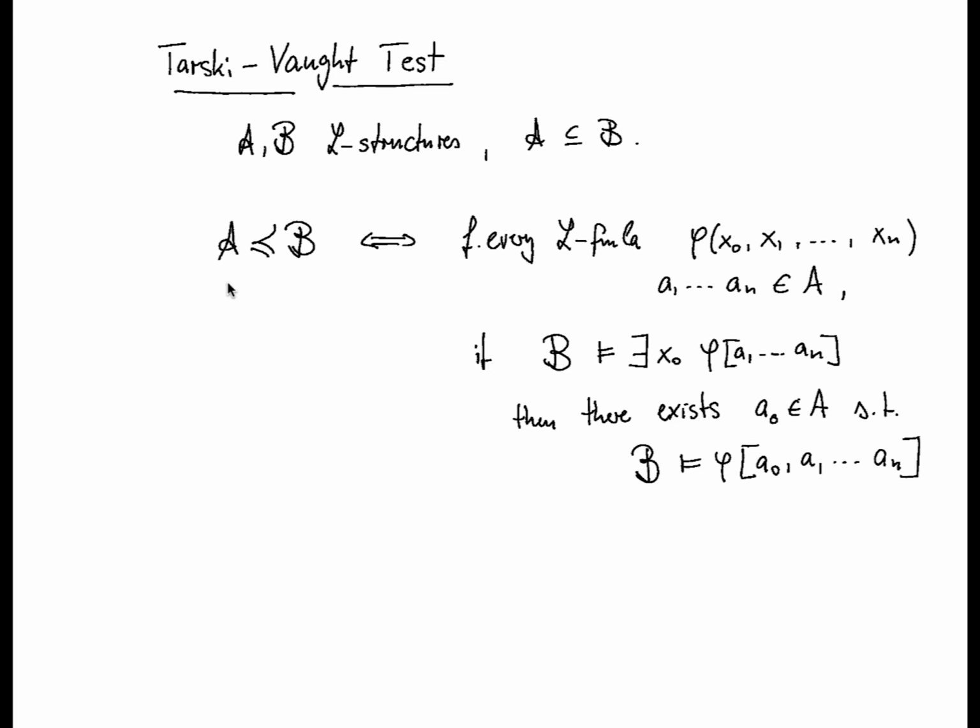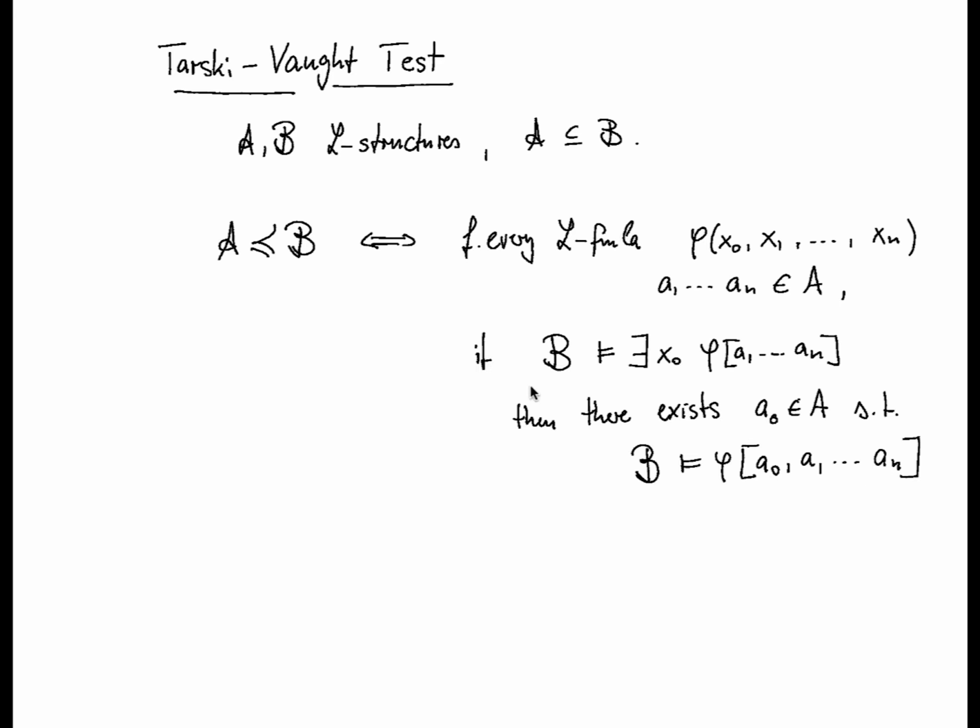That test says that A is an elementary substructure of B if and only if for every formula phi in free variables x0 up to xn and n-tuple a1 up to an from the smaller structure, if the bigger structure satisfies an existential statement with x0, phi, with assignment a1 to an to the remaining variables, then we can find a witness for that existential statement already in the smaller structure A. So there exists an a0 in A such that B satisfies that statement with assignment a0 up to an.